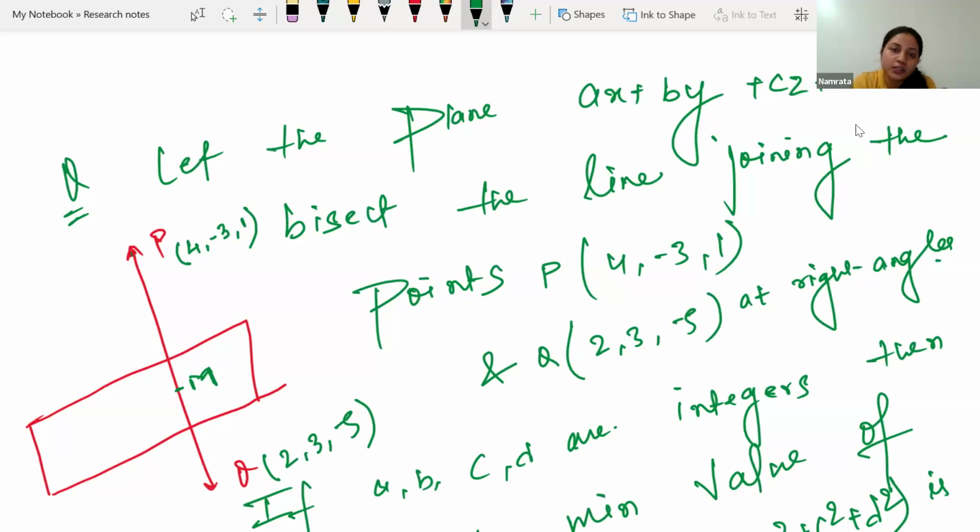It is (A1 plus A2) by 2, (B1 plus B2) by 2, (C1 plus C2) by 2. The formula which we were using in 2D, the same formula is there for 3D also, right? What did you get?